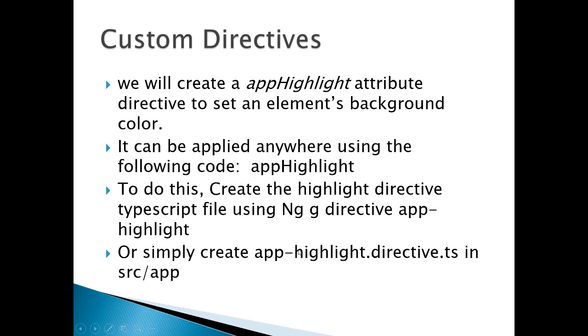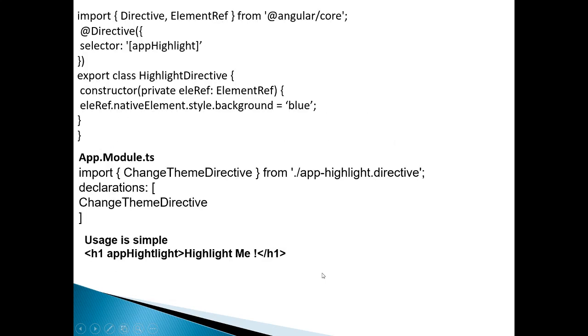If you don't use the script, we have to enter the information of this app highlight into the app module. To add the information into app.module, you have to import that directive and provide it in the declarations part of app.module.ts.